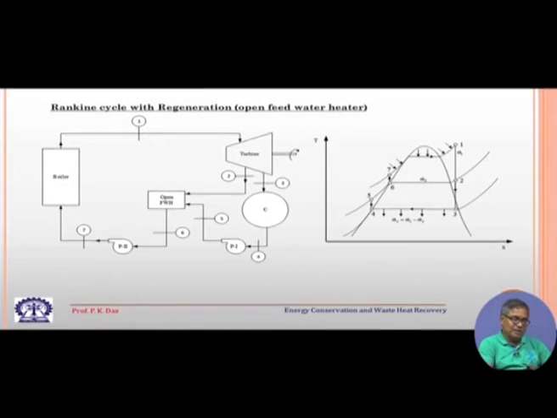Obviously, in the first case, when there is regenerative feed heating, we will get higher efficiency, but as I have told, the work output will be lower.